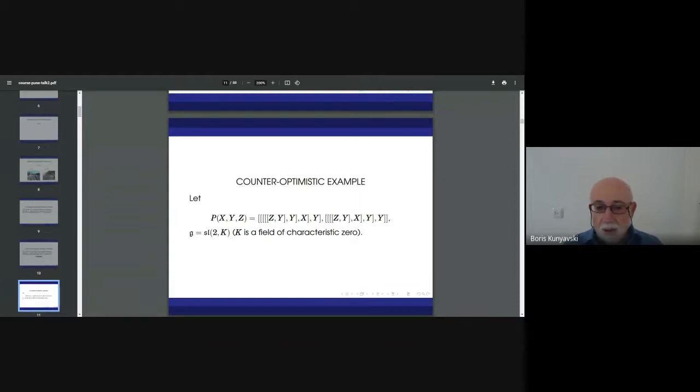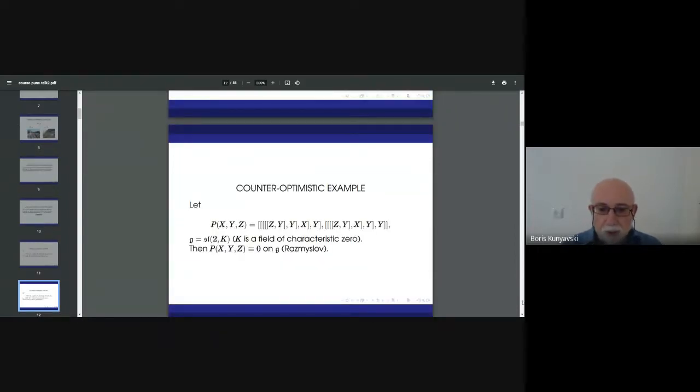And our Lie algebra here is just sl2, trace 0, 2 by 2 matrices, extremely simple, the simplest algebra you can imagine. And surprisingly, this polynomial takes only zero values. It was discovered by Yuri Razmyslov in the 70s.